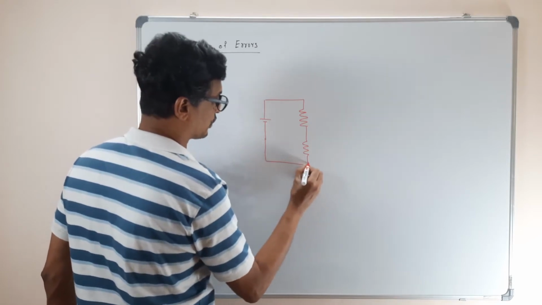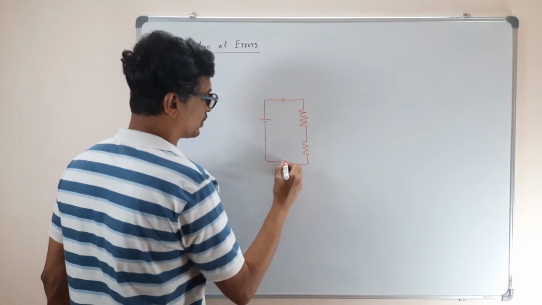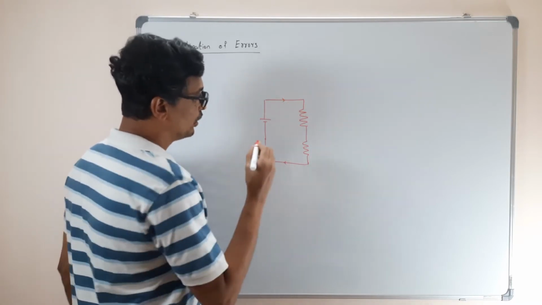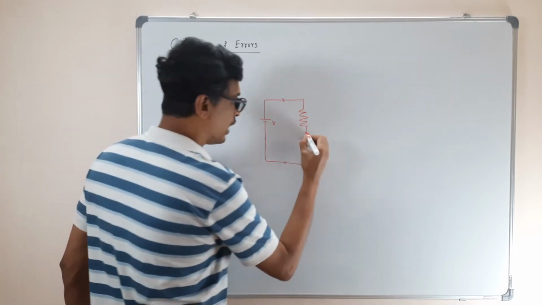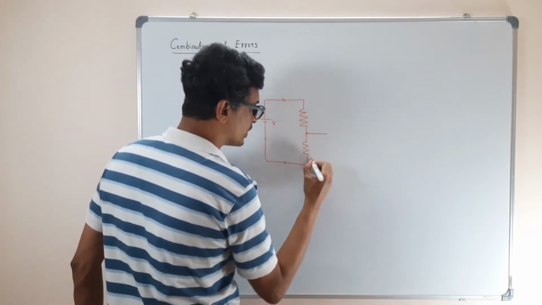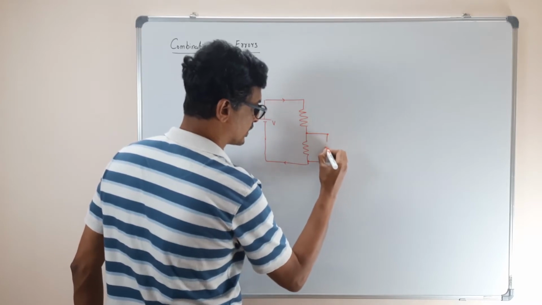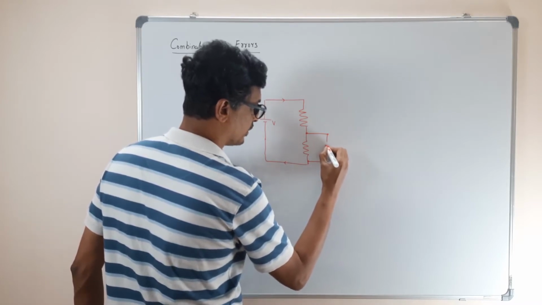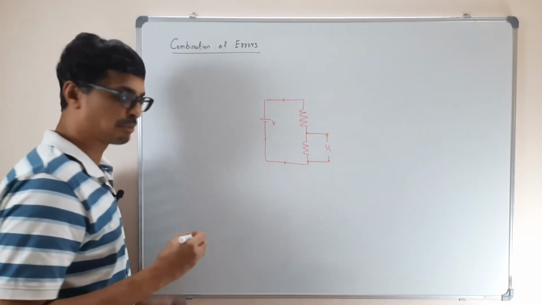It's an electrical circuit, right? The current goes from here to here, and this is some voltage V. I'm asking you, what is the voltage across this resistance? Let us say this will be V1. This is the experiment we are doing.